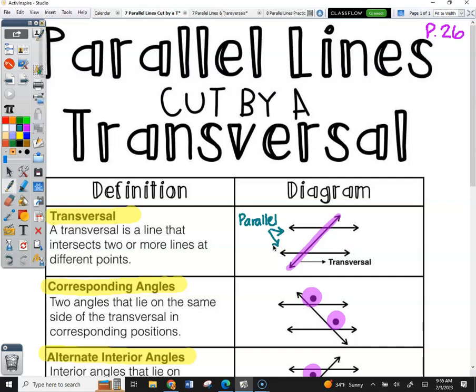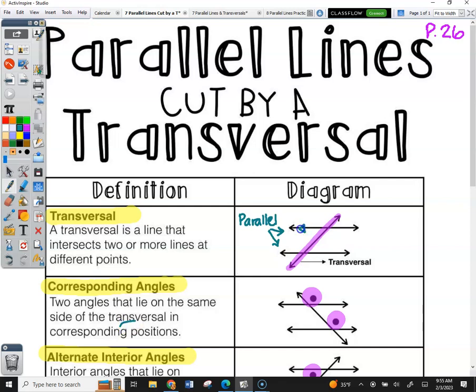When you have parallel lines, there is a symbol that will be on them. You know how when you have congruent segments, there's a symbol? Everybody with me? Okay, when you have parallel lines, instead of seeing the word parallel, there's one of two symbols.